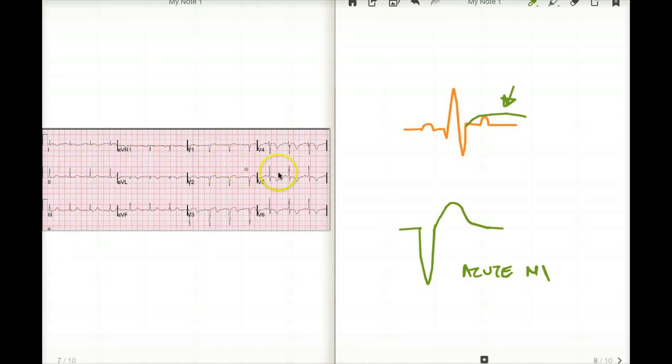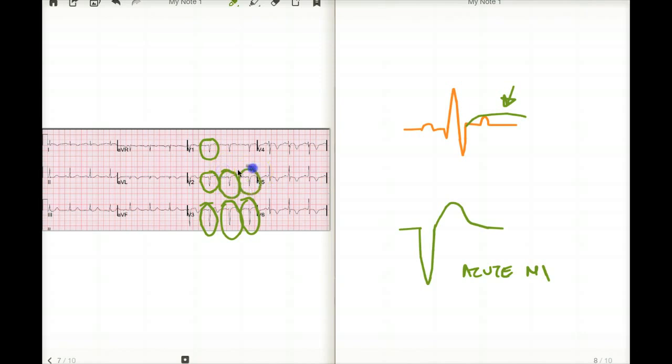So the first thing that jumps out to me from this EKG strip is that, okay, look, PQRST, PQRST, these are pretty nice over here. But as we move to these leads, we can see that Q wave, Q wave, big Q wave, okay? So this is where it's quite obvious that these are pathologic Q waves, because we don't even see R and S, or T wave, anything like that.